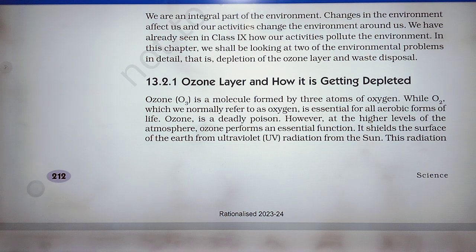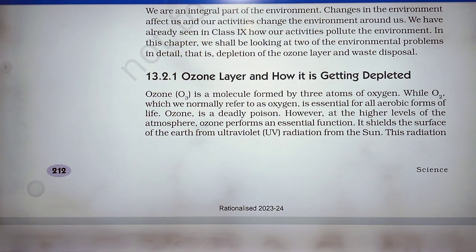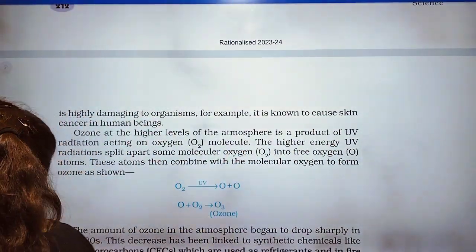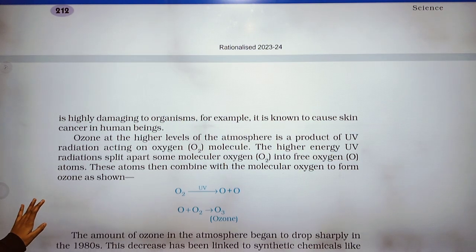Though it is a deadly poison, at the higher level of the atmosphere ozone helps prevent ultraviolet radiation from the sun, shielding the surface of the earth. This radiation is highly damaging to organisms and very harmful.